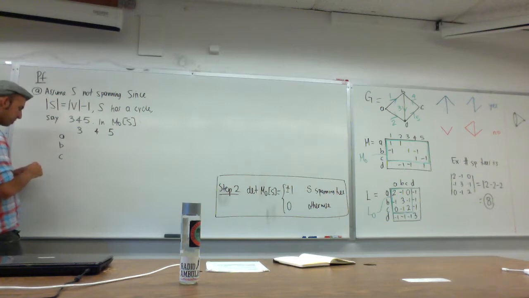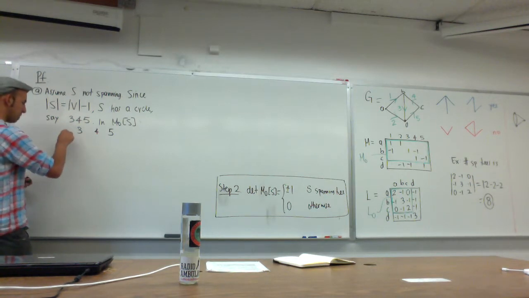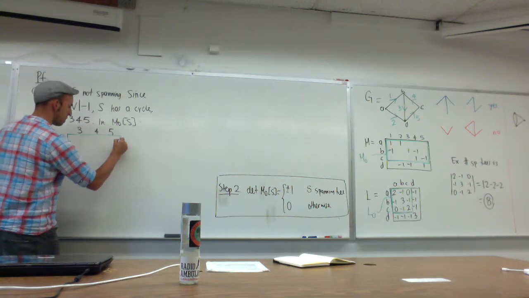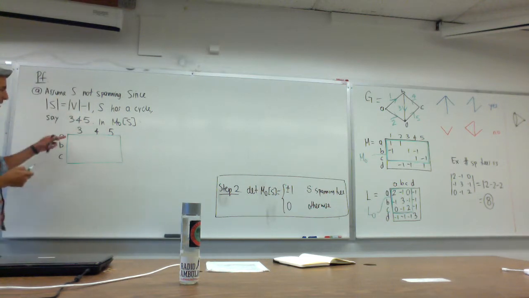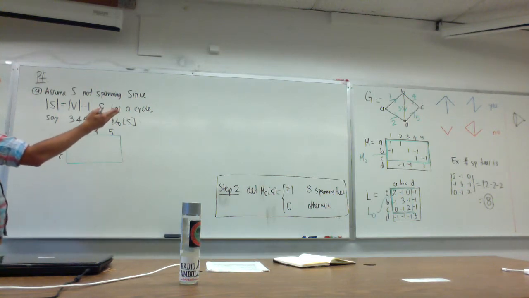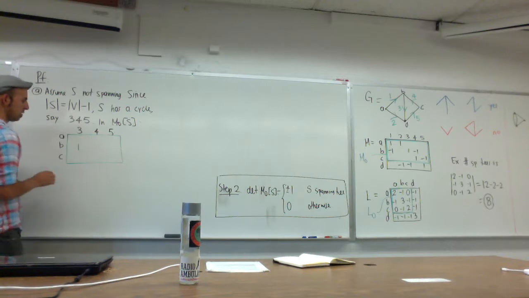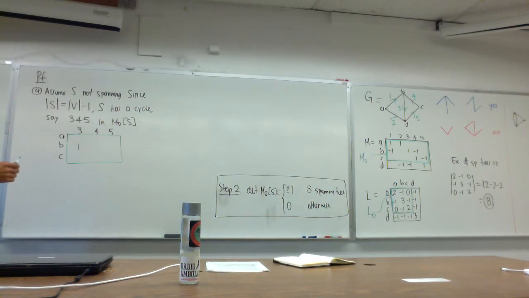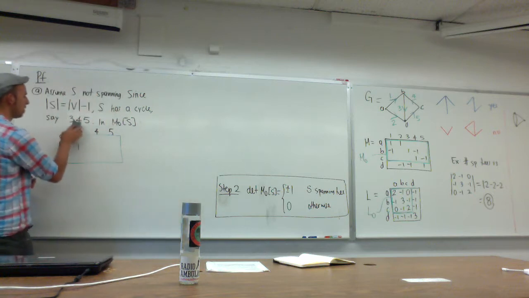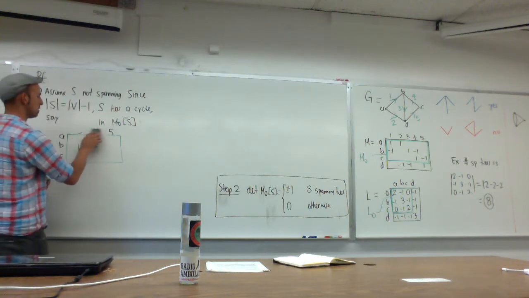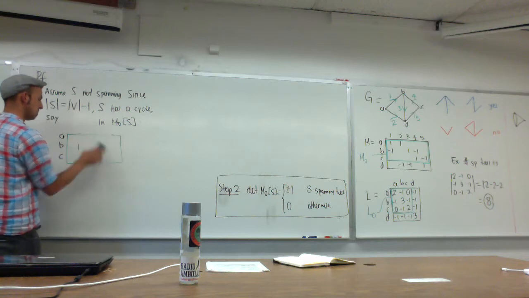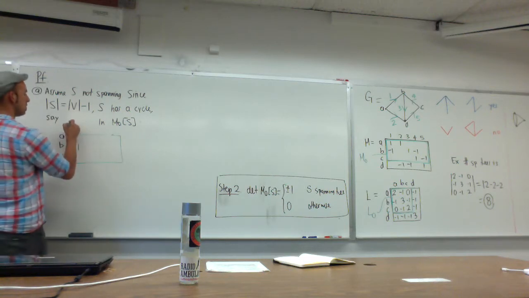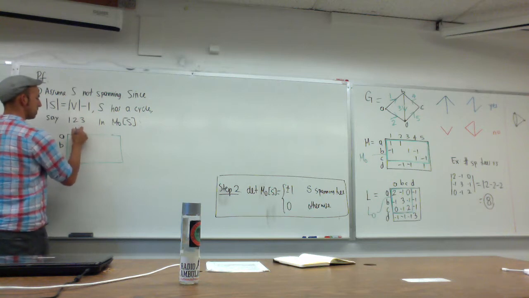Let me draw it in green so that I remember that this is M0 of S. How does that cycle look? Well, in this case, 3 goes from B to D. Actually, let me do the example of 1, 2, 3, which is going to be a little bit clearer. And then we'll talk about the other case.